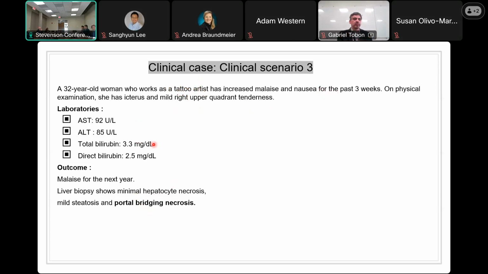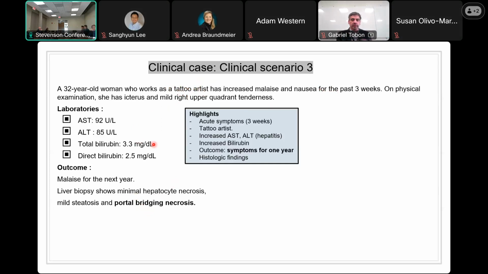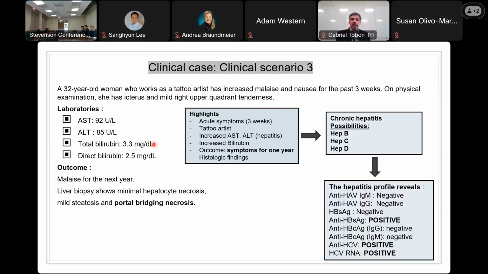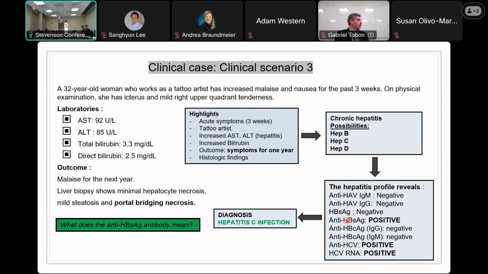So here we are in a different context, more like chronic possibility, hepatitis B, C, D. This is the panel, which is positive for hepatitis C. So that's the diagnosis. But we also have an antibody against surface antigen for hepatitis B. So I asked the question, what does the surface antigen antibody mean?